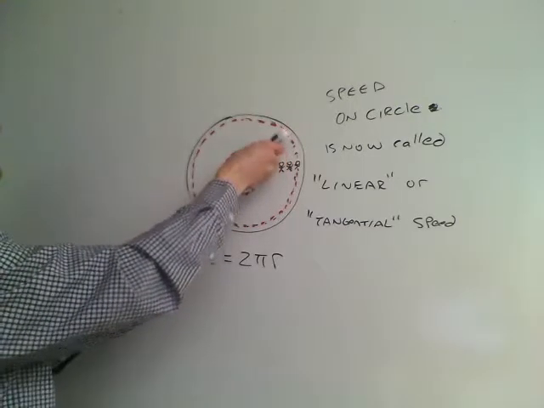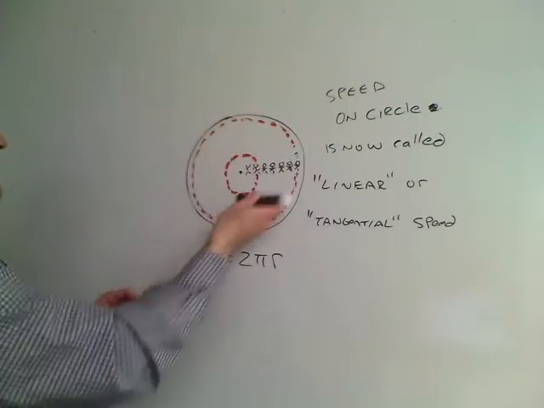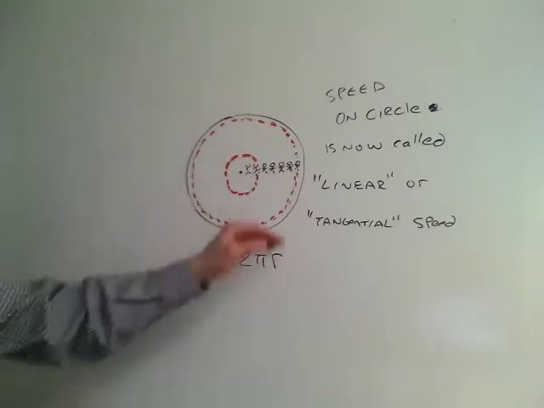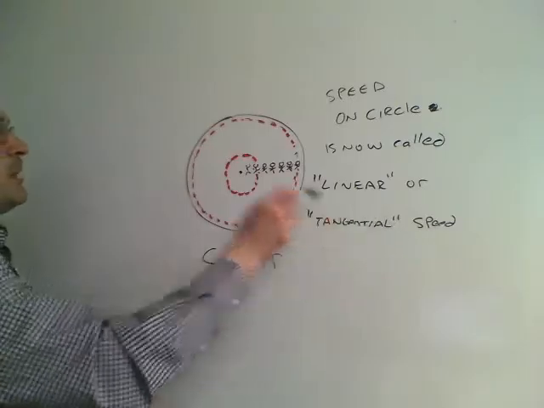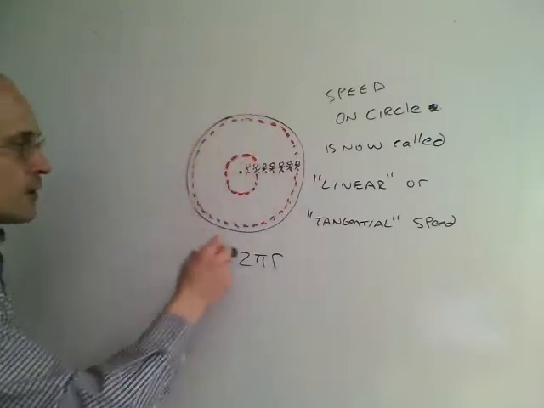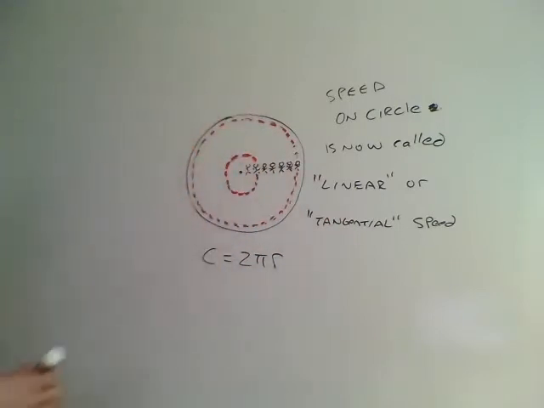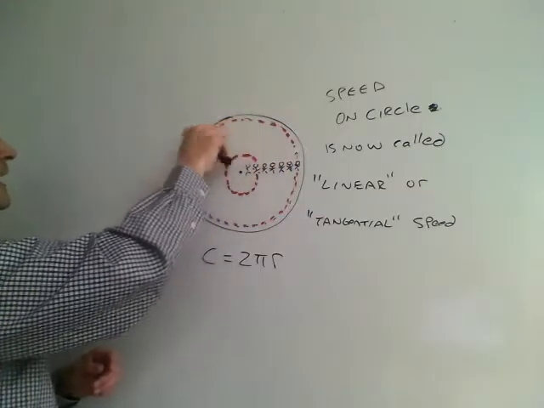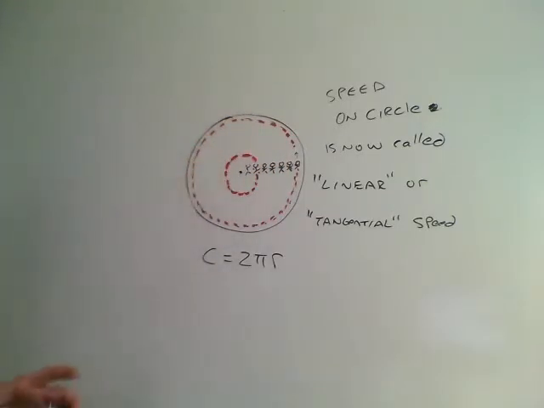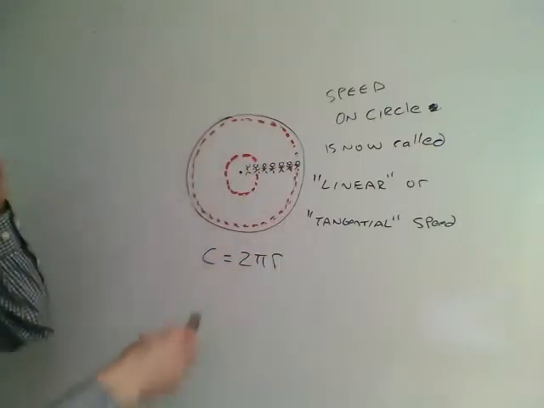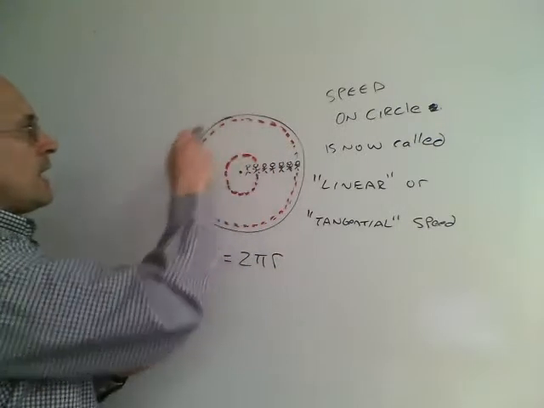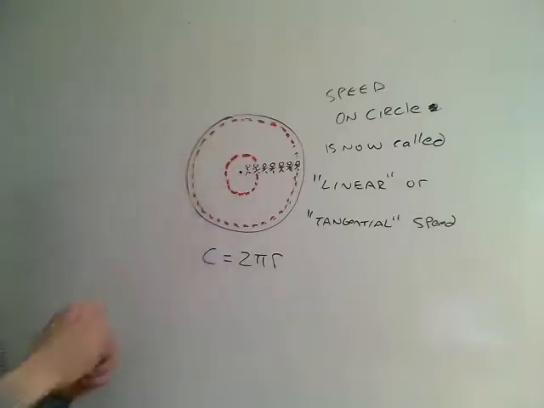So if those two guys are running the circles, the guy on the outside must have a higher linear speed or tangential speed because he has to cover a greater distance in order to keep up with the guy on the inside. So there's some type of relation between your speed and how far you are away from the center of your object.